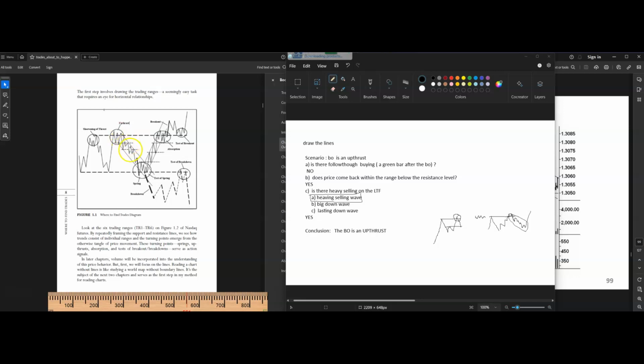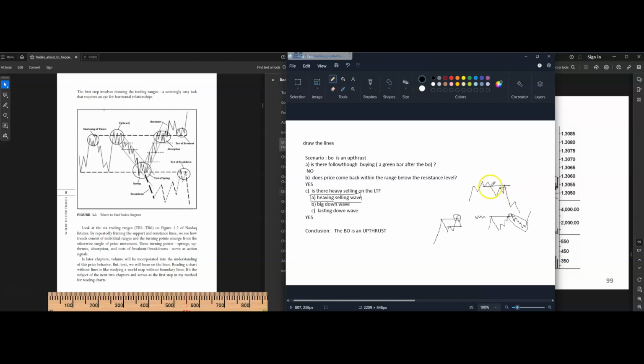Over here, you have the internal waves. Here you can actually, if you have selling in the background, if you have this situation where you have that, and you have that upthrust on the test of a breakdown, that's good.